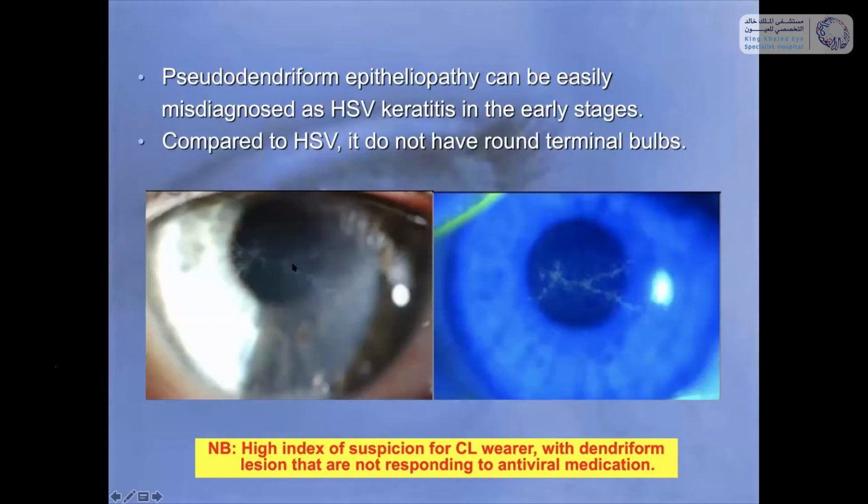It is very similar to herpes, but the difference is that this doesn't have round terminal bulbs, which we usually see with herpes. So it's very important to keep a high index of suspicion for a contact lens wearer presenting with this picture, especially when they are not responding to antiviral medications.